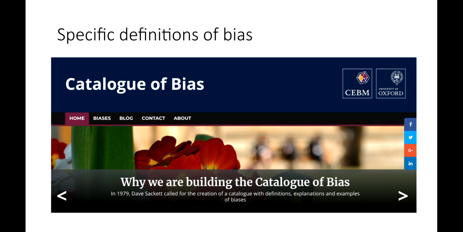And so this database actually contains all sorts of bias and how they are defined. So whenever you need to go back to bias and understand what is clearly meant, you can go there and you can see the different terms used. We'll come back to that a little bit later.